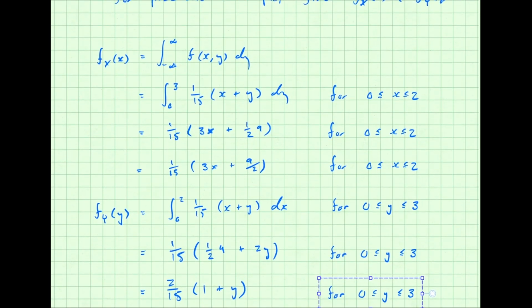So this is what it is for x in between 0 and 2. If x is not in between 0 and 2, then it's 0, right? So we'll say otherwise 0.